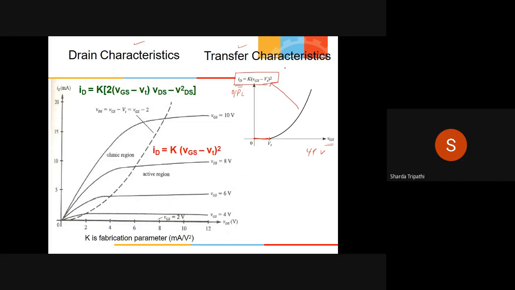If you recall, for the depletion type MOSFET, this was ID is equal to IDSS into 1 minus VGS by VP whole square. That equation was for the depletion type. But for the enhancement type, the equation is ID equal to K into VGS minus VT whole square, where this K is a constant which depends upon the fabrication parameters of the device.